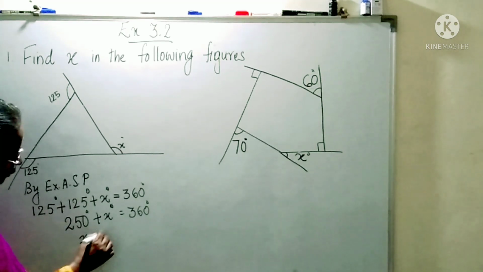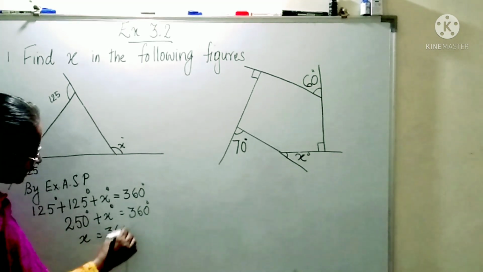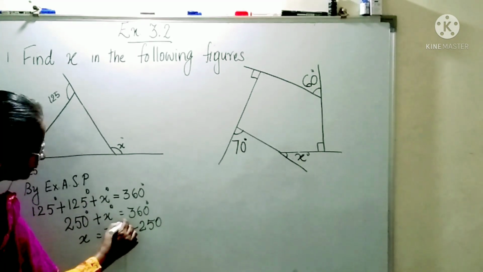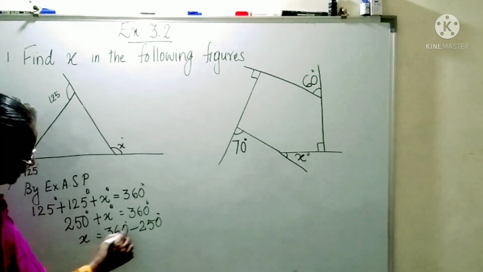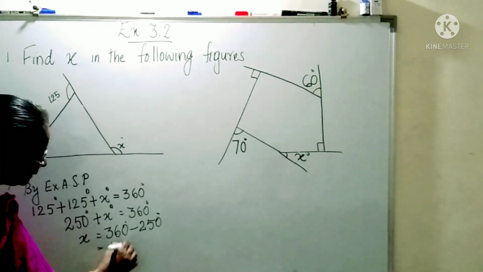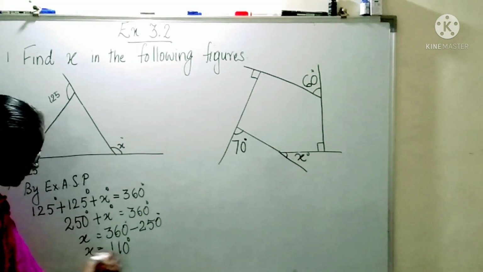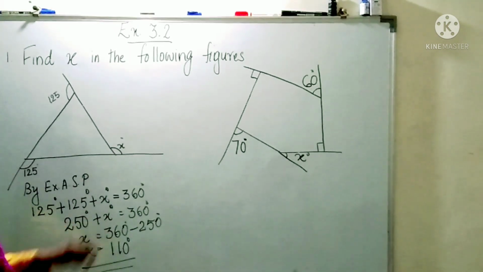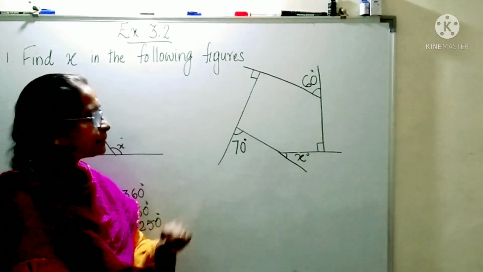So x is equal to 360 minus 250. How much is it? 110 degrees. So x is equal to 110 degrees.